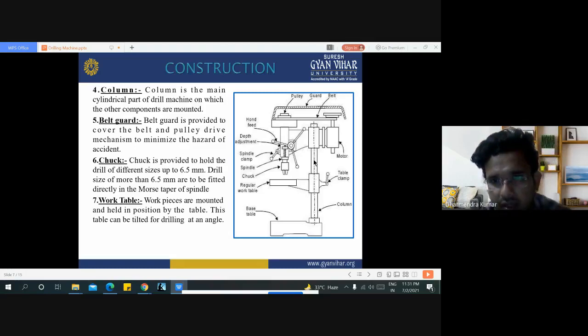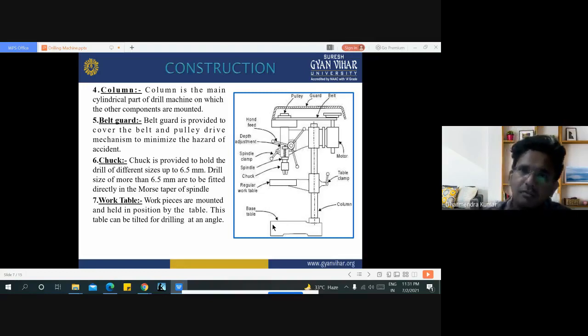This is known as the column of the drill machine. Belt guard is provided to cover the belt and pulley drive mechanism to minimize the hazard of accident. Here we can see the belt guard, and this is the belt.